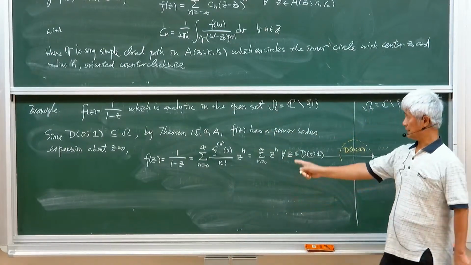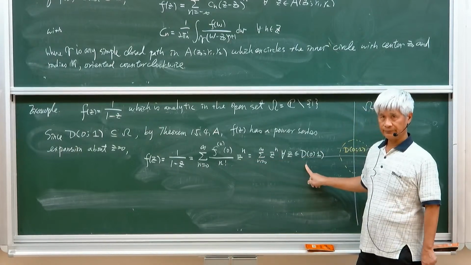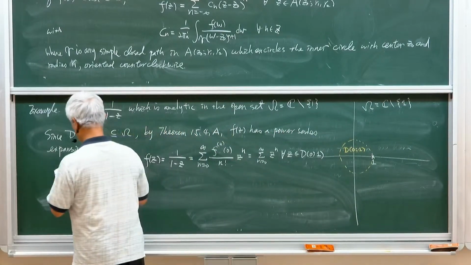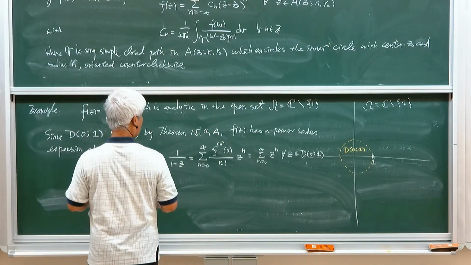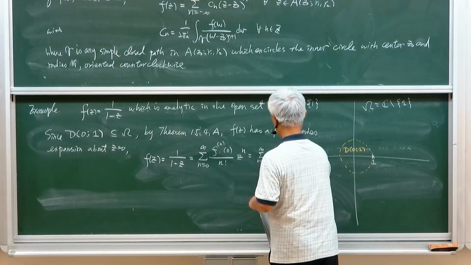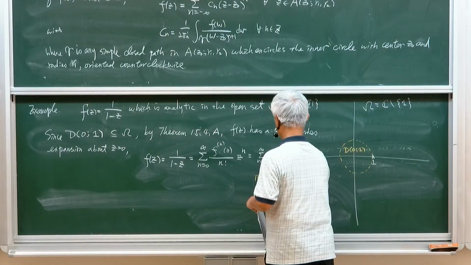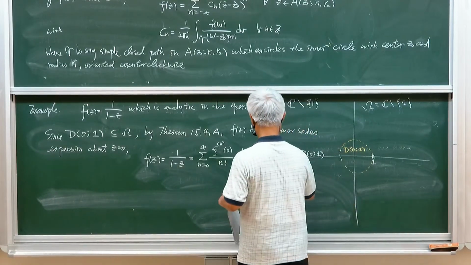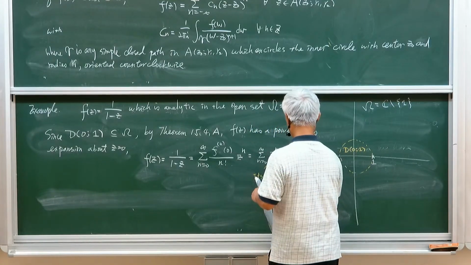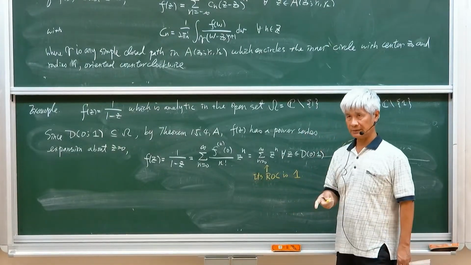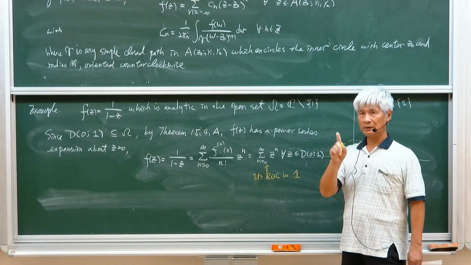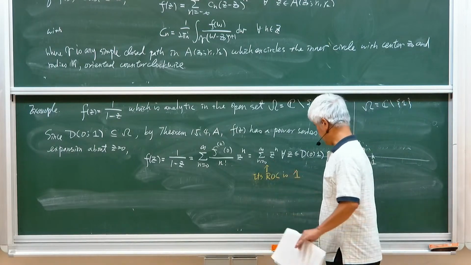So this series representation is only good for this. Note that the radius of convergence, the ROC, is 1. If you do the ratio test, because alpha is equal to 1, you can see that.